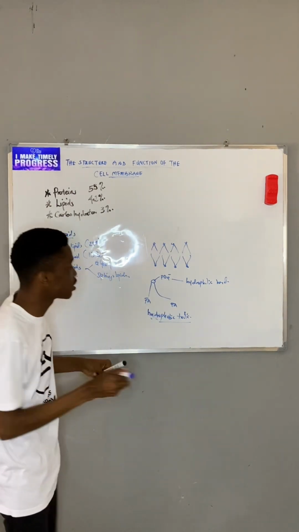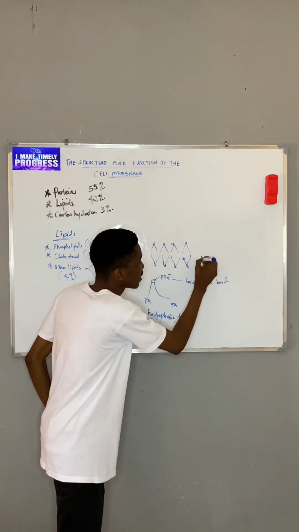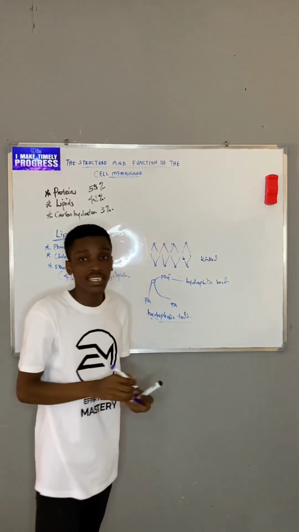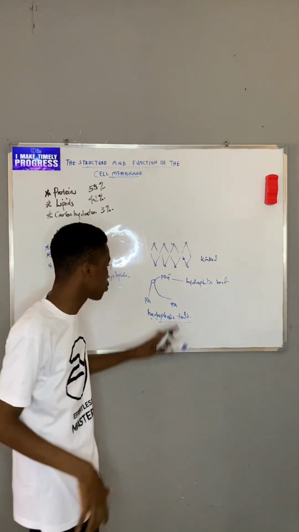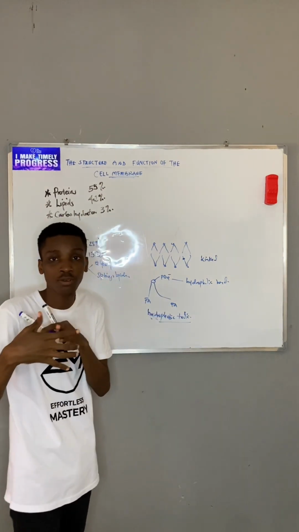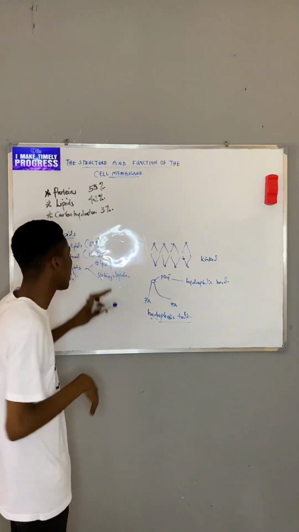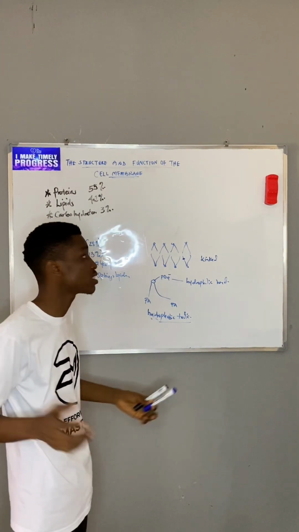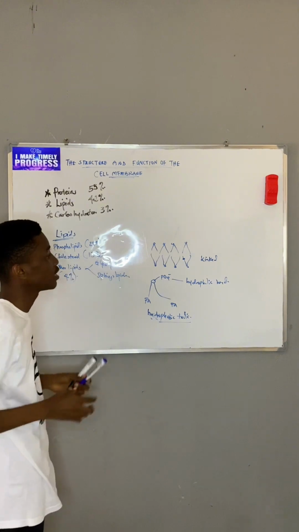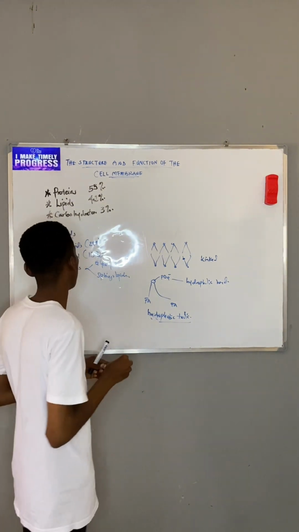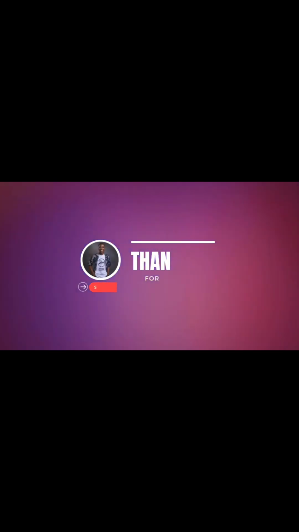Now, cholesterol is kinked around unsaturated bonds, because one of these fatty acid chains is unsaturated. That's why I have cholesterol, and its main function is fluidity. I'll talk about glycolipids later. Sphingolipids are in the CNS. So that covers our lipids.